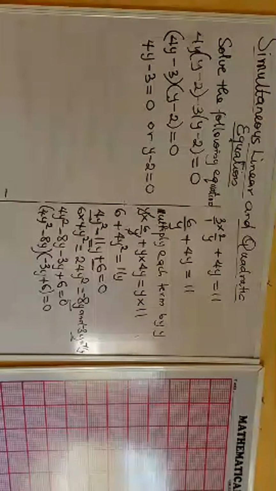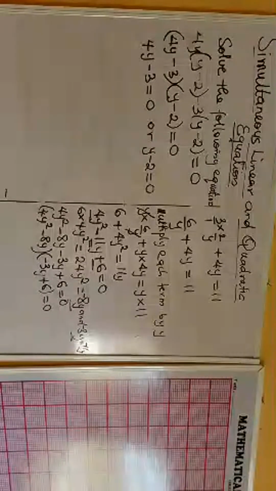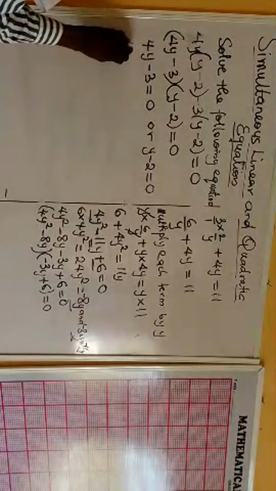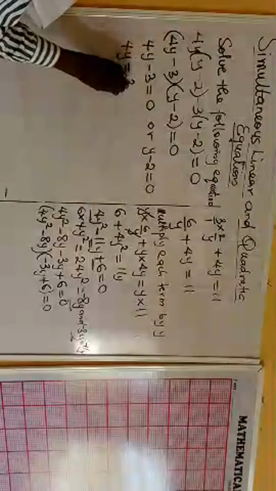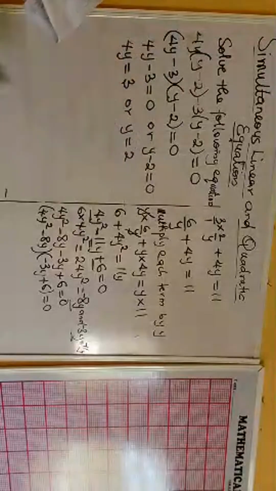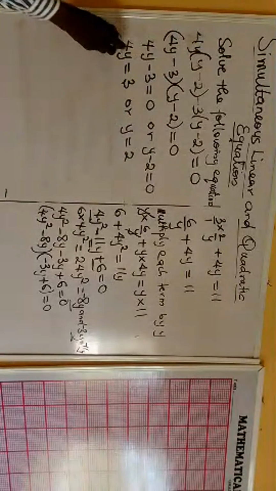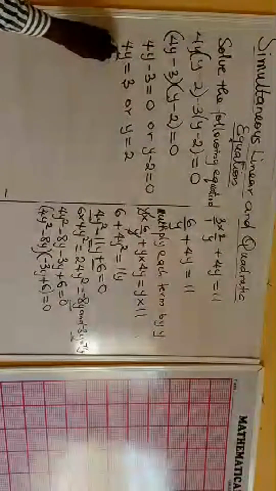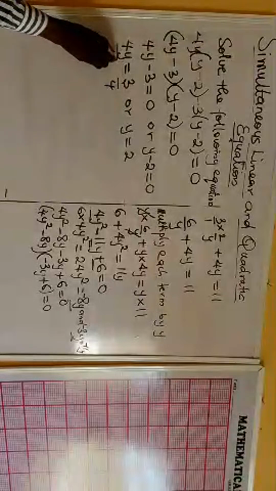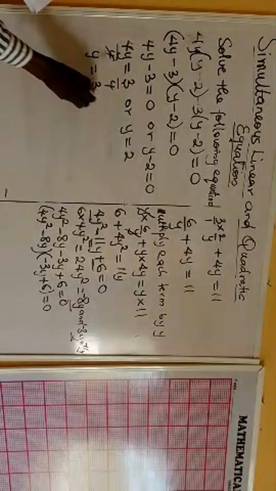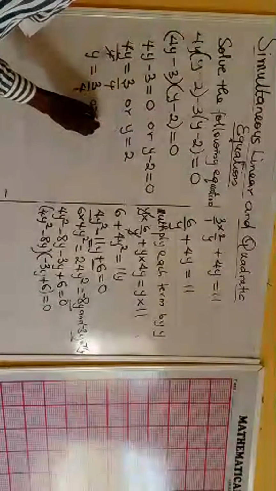When this minus 3 crosses equal to, it is now 4y is equal to 3, or y is equal to 2. Now, let's make y the subject of the formula by dividing both sides by 4. So this cancels this, you are now left with y is equal to 3 over 4, or 2.